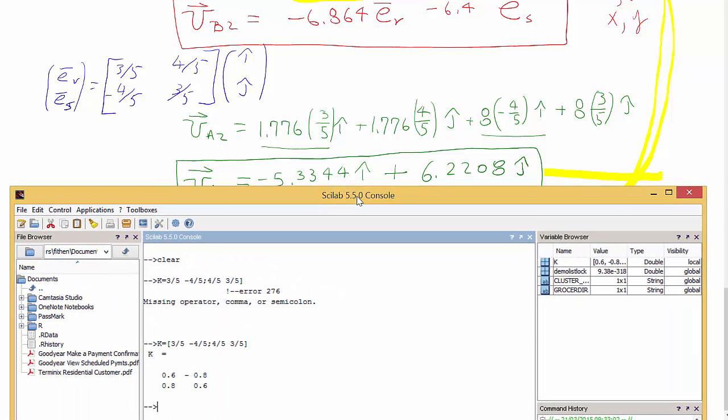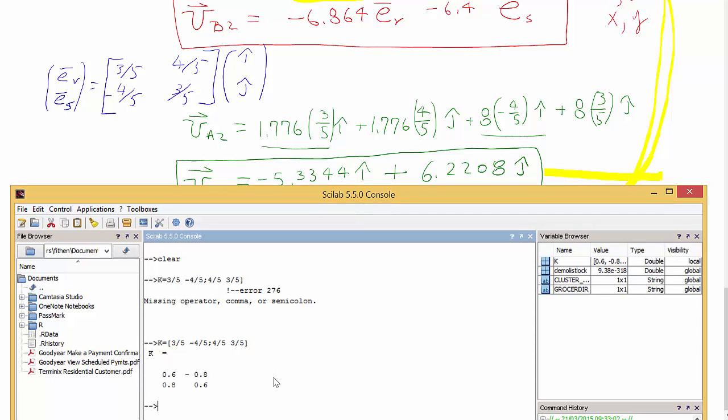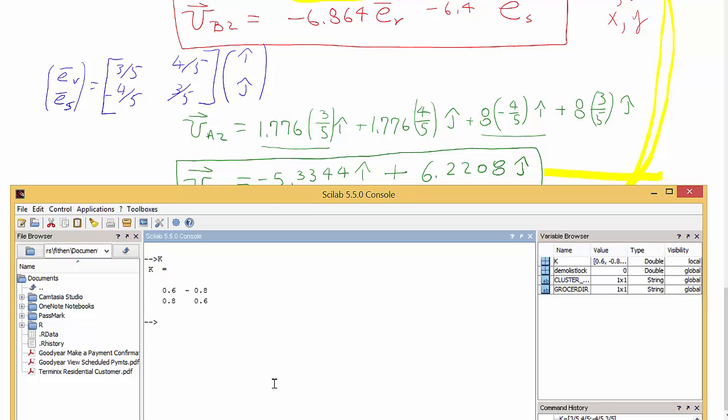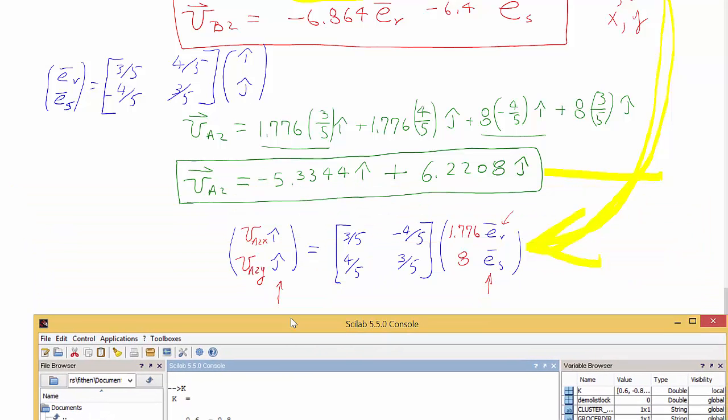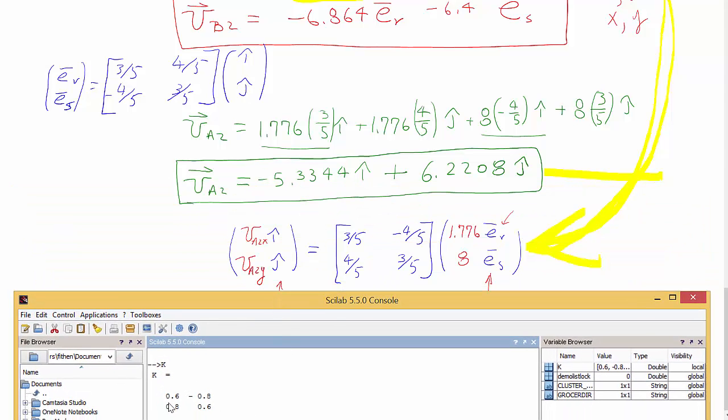Now I'm going to take the right hand side. So here's my matrix. In fact, that's the 0.6, which sits right here, minus 0.8, which sits up here, 0.8, which sits down here, and then 0.6, which sits right there.